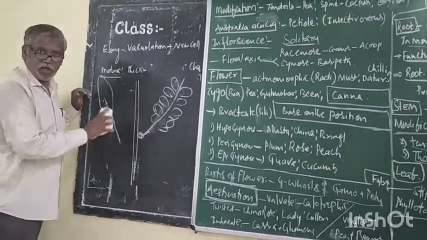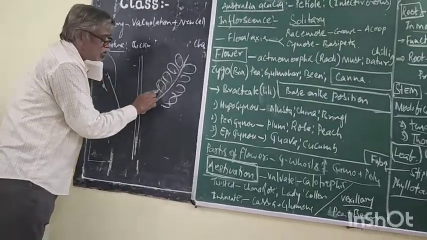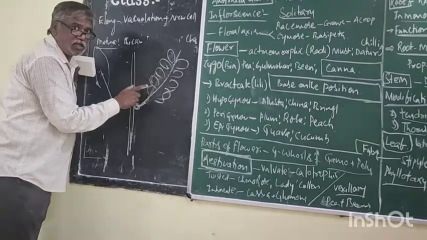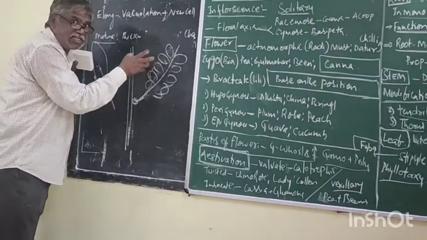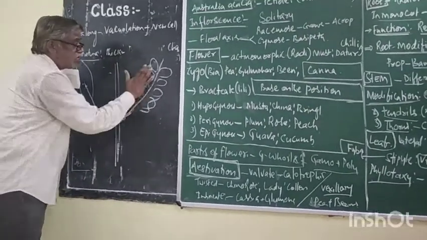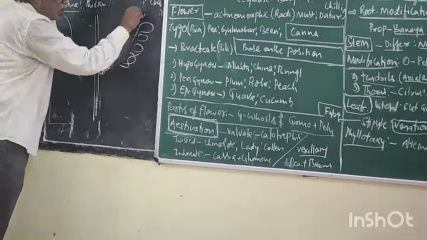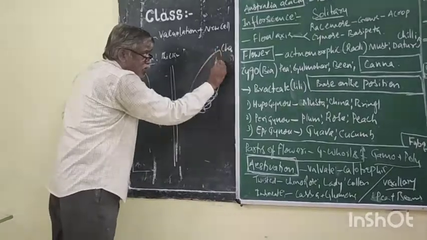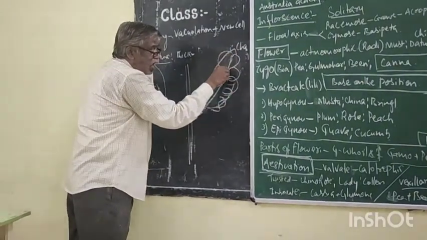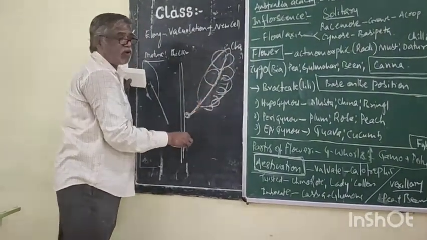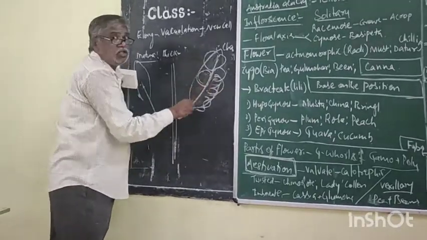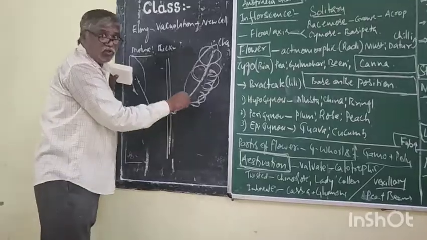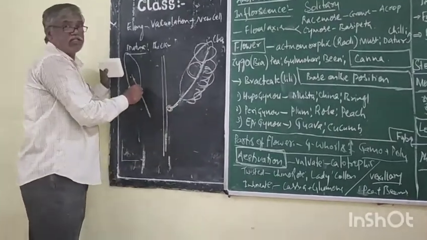Actually, at the time of origin, it is a single lamina. The margin of the lamina undergoes division, touches the midrib, and finally contains many small units. These small units are called as leaflets. This is compound, and this is simple.